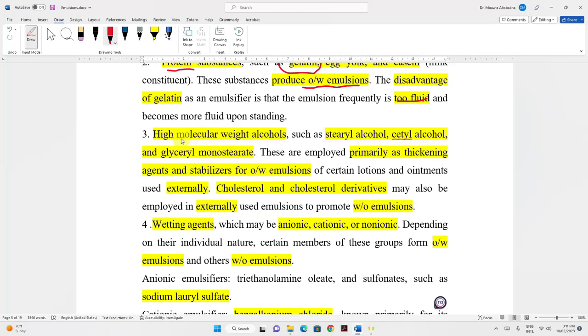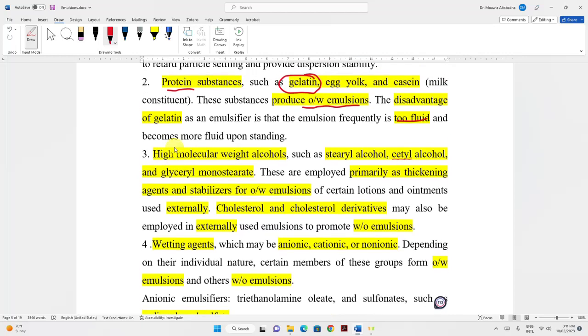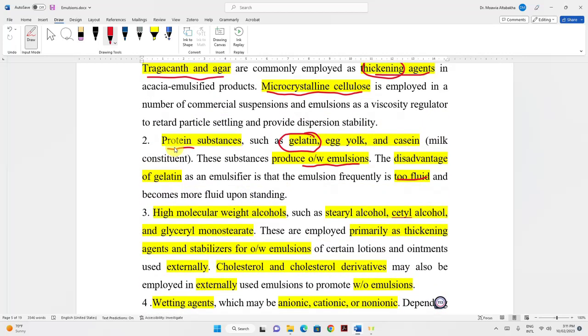Other types of emulsifying agent include high molecular weight alcohols. And please, when I'm talking about these things, I want you to start looking at creams when you go to Carrefour or Lulu, or even pharmacies.